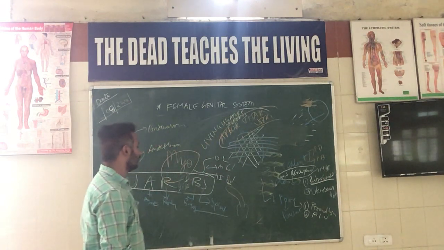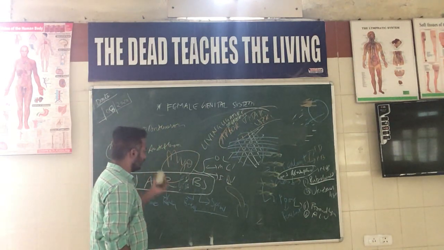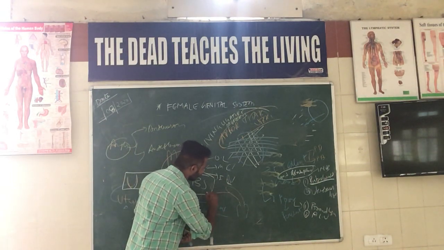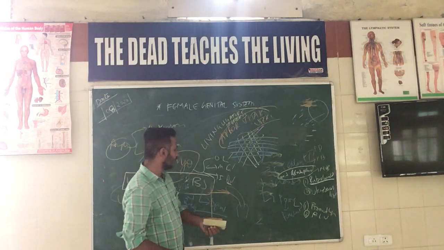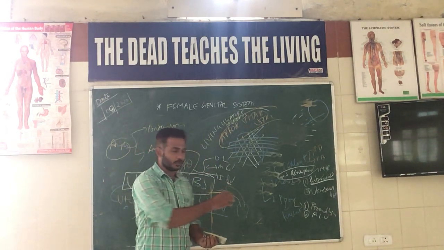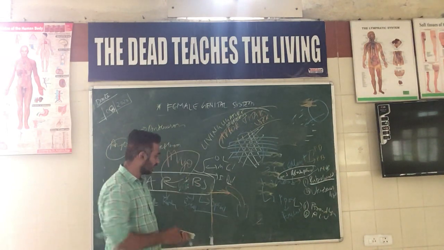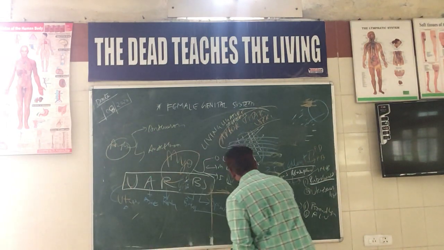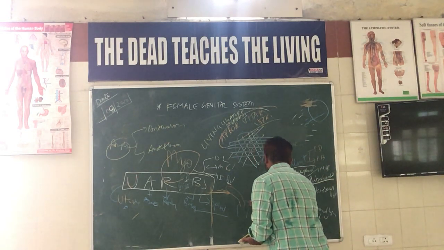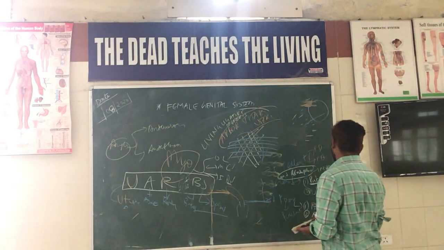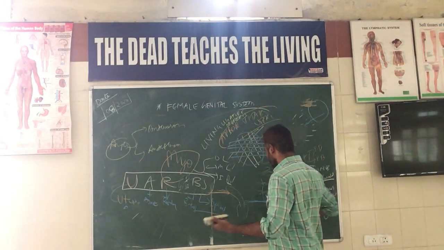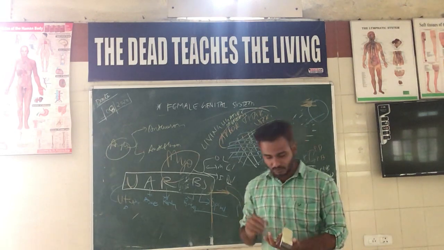There is the round ligament of the uterus, which pulls the body of the uterus anteriorly, and there are the uterosacral ligaments posteriorly, which pull the uterus backwards, and thus two angles are formed.